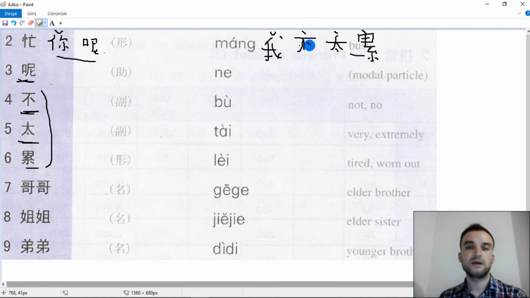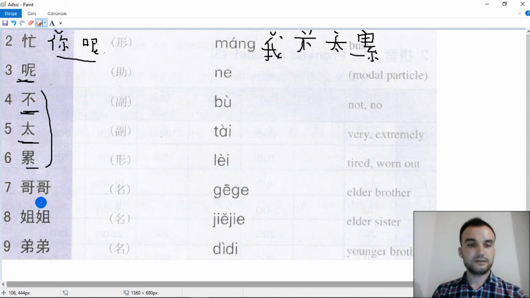Its original tone is fourth tone, but after bu there is a fourth tone character, so this bu is read like second tone. Bu tai lei, bu tai lei. Okay, let's read the sentence. 我不太累，不太累，我不太累。I'm not very tired.